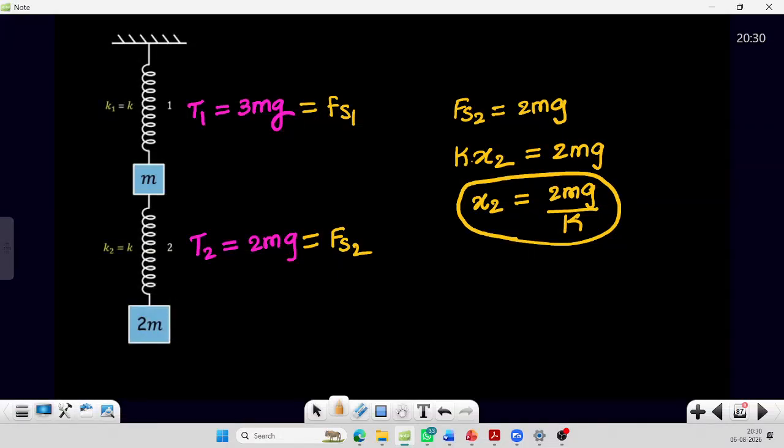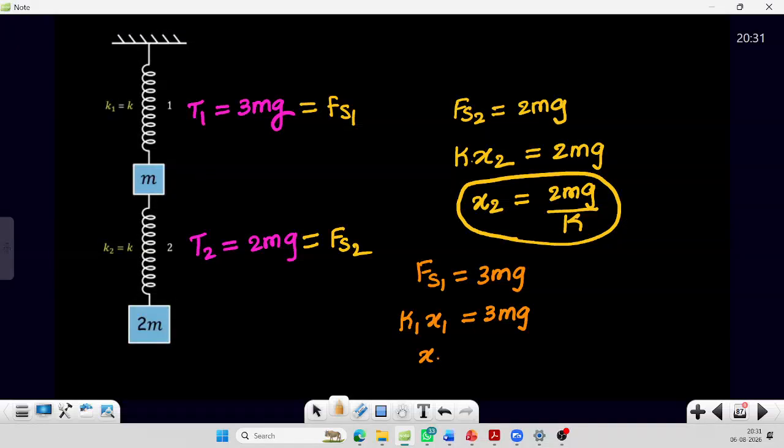Right. Now tell me, in the first spring, how much is the spring force? It will be equal to 3 mg. Now what is the spring force formula? K1 into X1 equals 3 mg. Here K1 is given as K only.